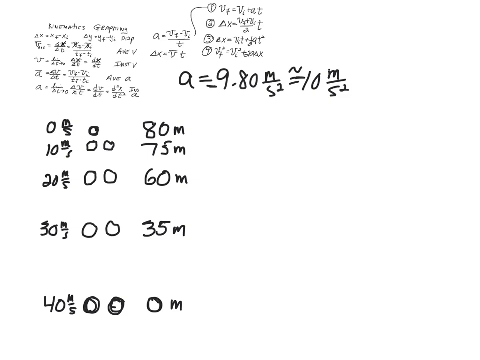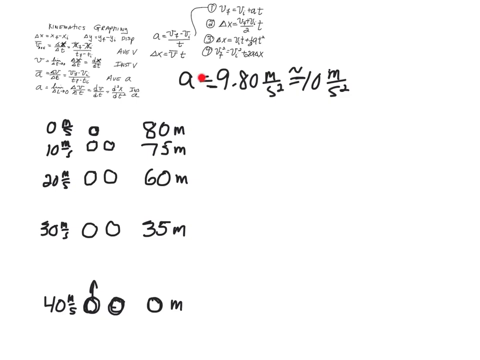So with that in mind, let's study this situation where I throw the ball up. Well, I don't think I can throw it this fast, but I throw it up with an initial speed of 40 meters per second.